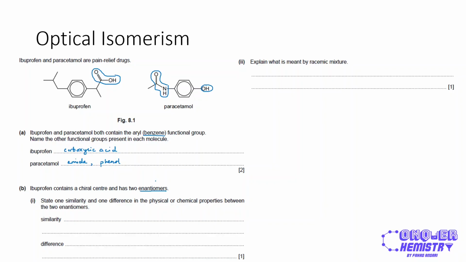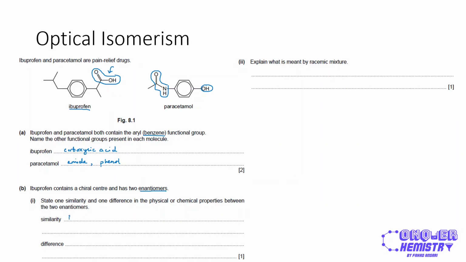So one similarity and one difference in the physical or chemical properties between the two enantiomers, right? The similarity is that they will basically take part in the same chemical reactions. One example of a chemical reaction that ibuprofen could take part in is using this carboxylic acid group.